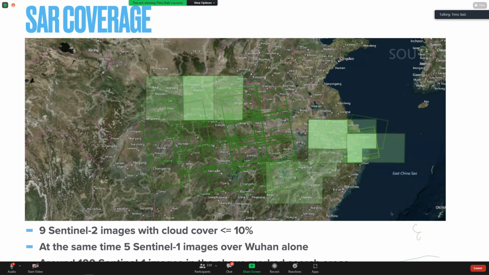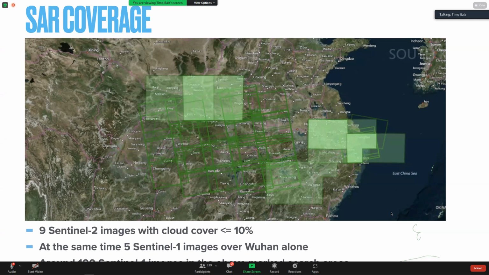This can be very interesting, for example, if you're interested in change detection, clearly, but also in classification, where you can use temporal information in your classification approach, because you get these stable acquisitions.